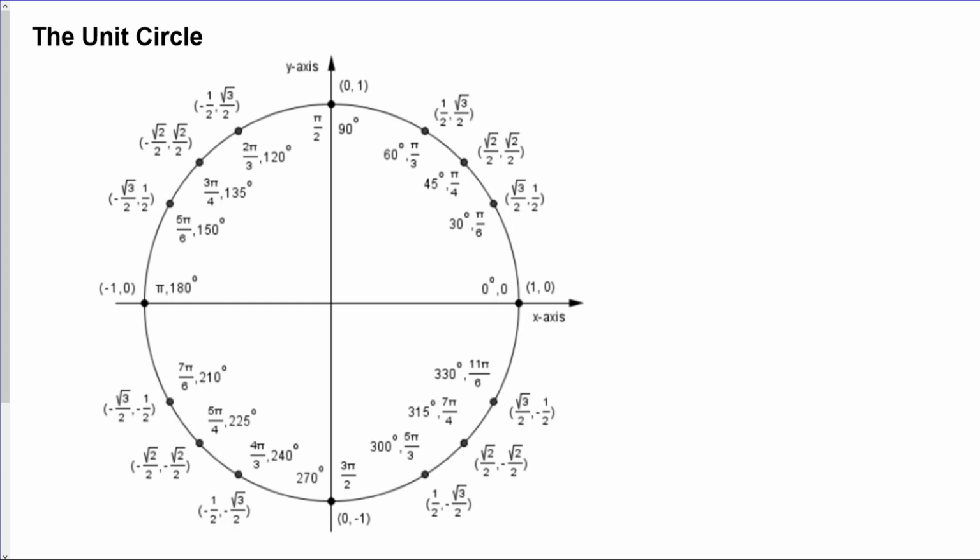And I have labeled all the common angle measures, both in degrees and radians. And I've labeled the locations of each of those, the coordinates of those points. So we've gone through how the angle measures are derived. So I'm not going to repeat that. But let's talk about how the points are derived.